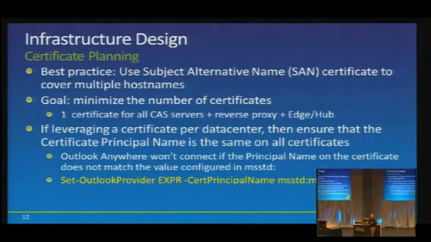And if you've been in Outlook and you've gone into Outlook Anywhere's configuration settings and you check that box that says only connect to servers that have this in their certificate principal name, and that field has MSSTD colon and then the namespace in there, that's what we're talking about. That's what has to match the certificate principal name. If it doesn't match the name, Outlook won't connect unless you uncheck that box. And that box is checked by default.